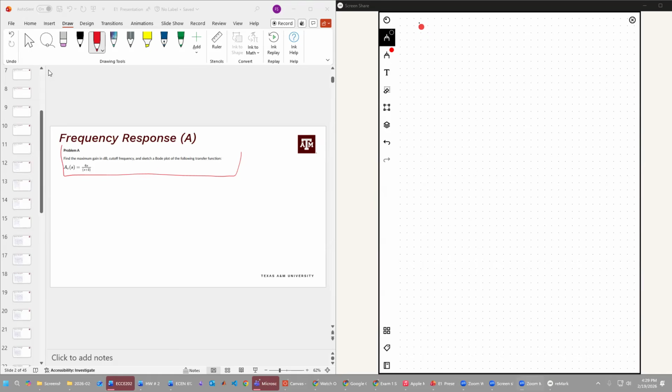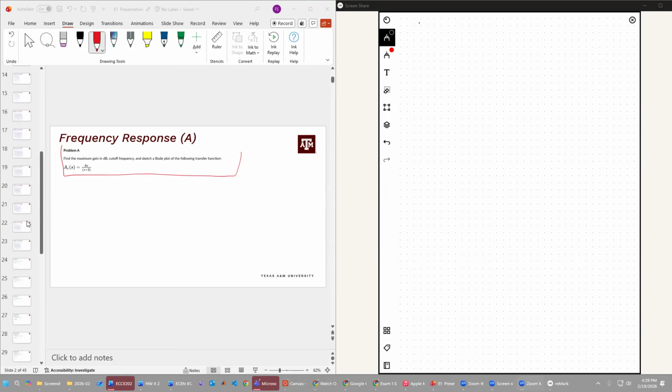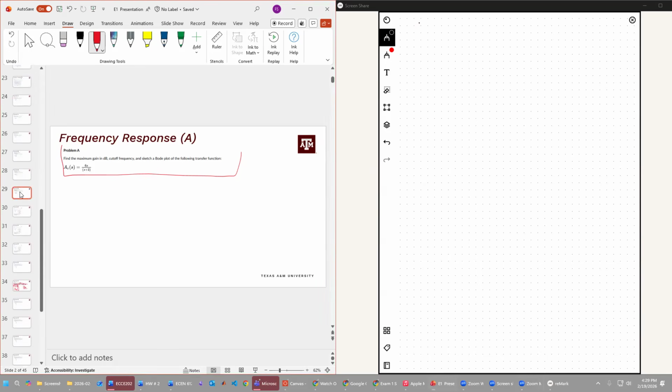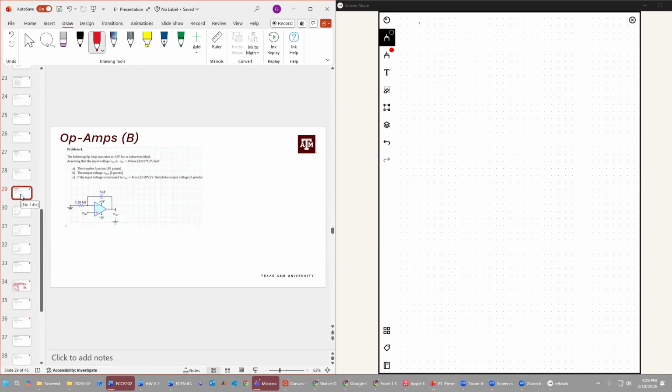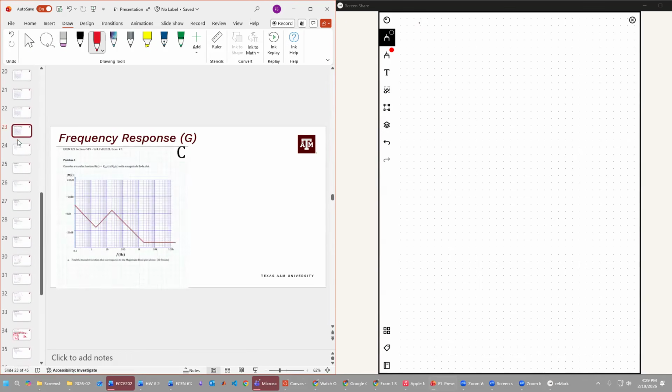Okay, op amp spring 2023 exam one problem 2A. Okay, Kyle, I'm going to try and find that one. Problem 2A. Nope, that's not it.